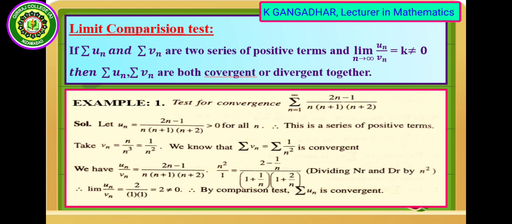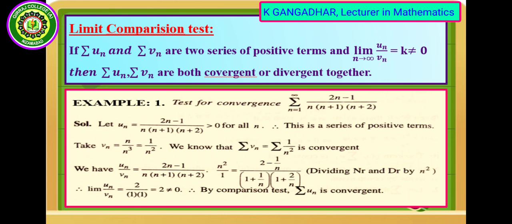So we know the convergence tests for series. First, if the nth partial sum of the series is convergent, then we say that the series is convergent. Second, the p test, sigma 1 by n power p: p greater than 1, series convergent; p less than or equal to 1, series divergent.